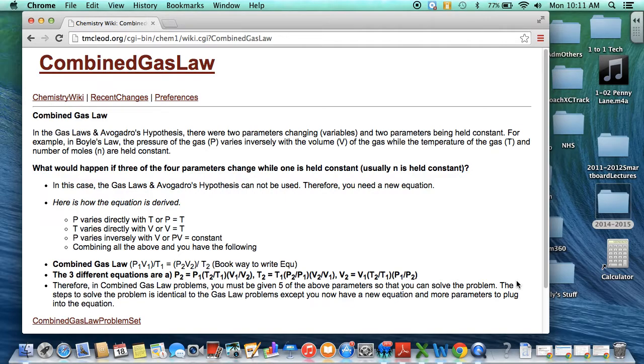Where the subscripts 1 and 2 go depends on whether it's a directly or inversely proportional relationship between the two substances. So the combined gas law combines all the gas laws into one mathematical relationship. Let's take a look at an example.